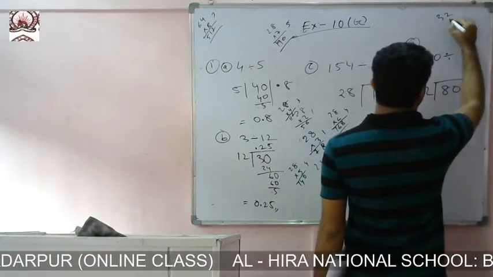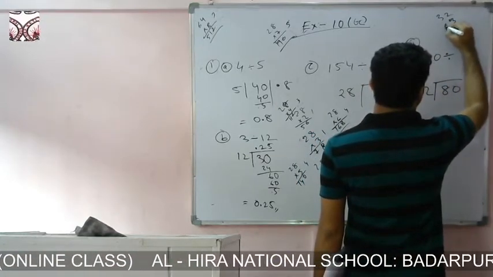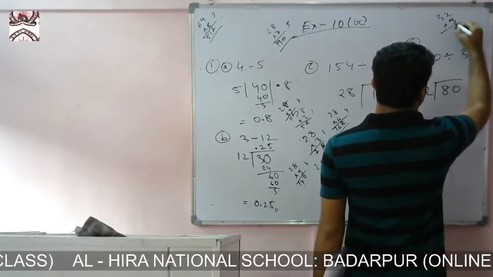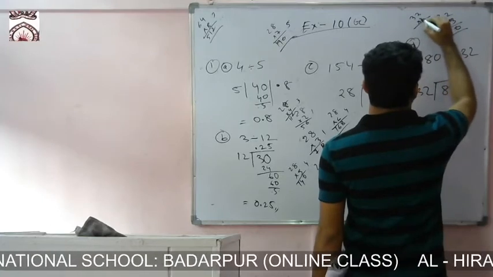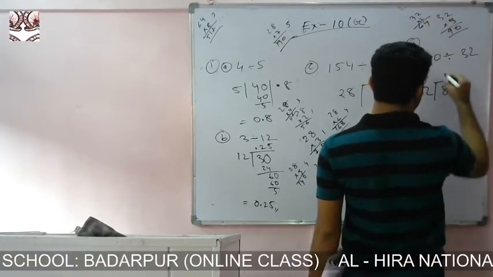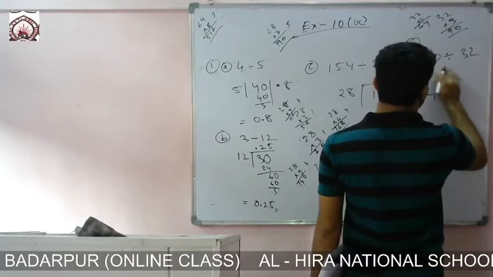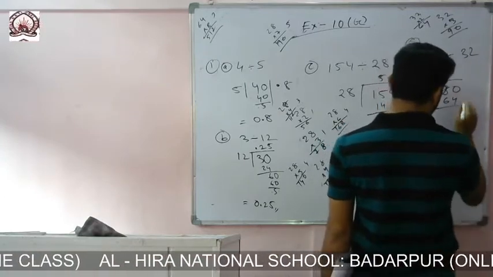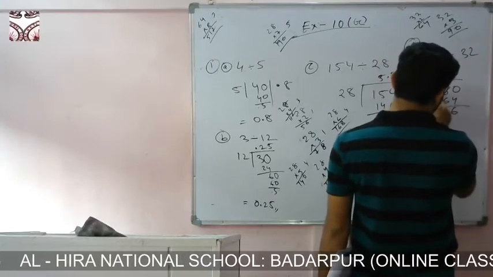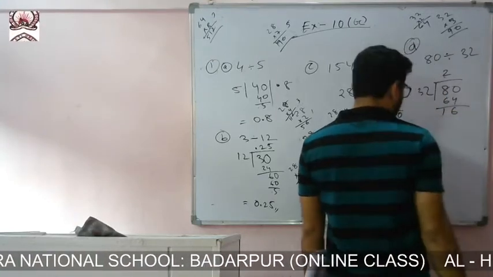So 32 into 2, 3, let us check. 3 2s are 6, 3 3s are 9, 96. And 32 into 2, 2 2s are 4, 3 2s are 6, 64. Now 10 minus 4 what? 6. Here remain what? 7 minus 6, 1.